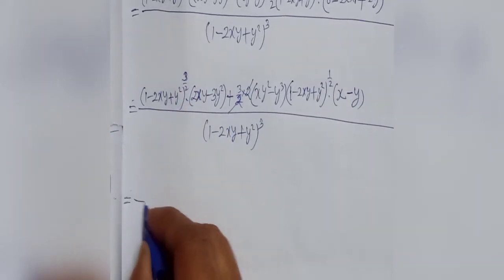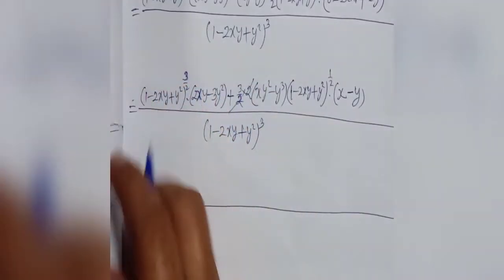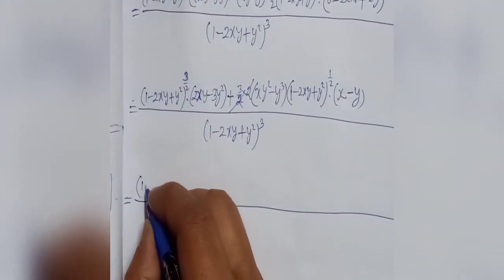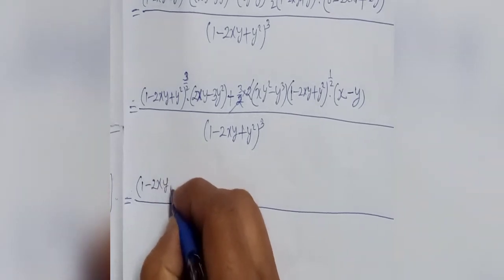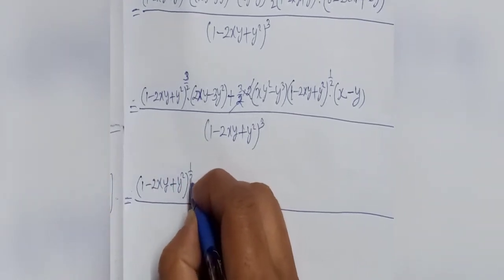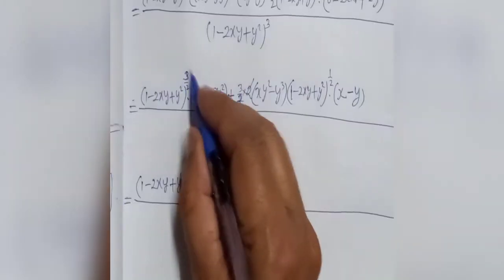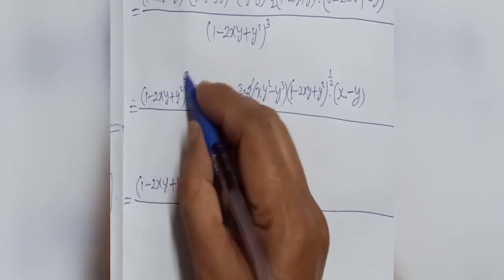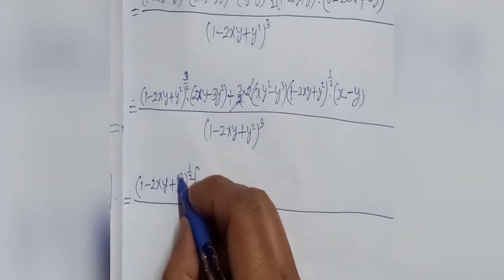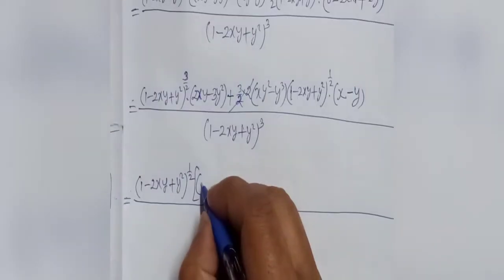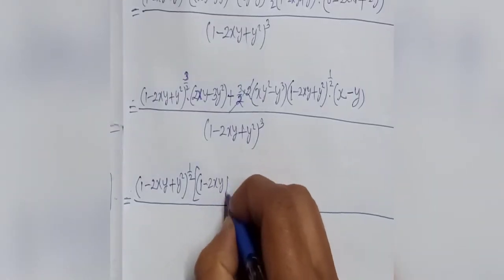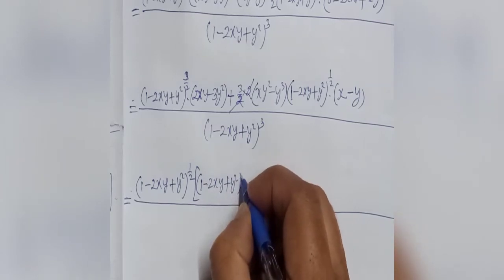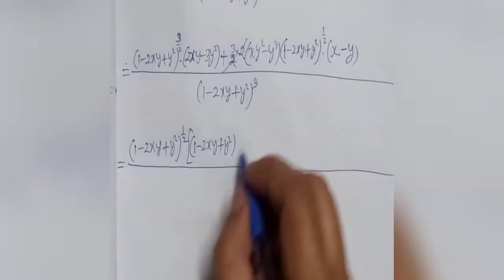I take out from the common bracket only the lesser degree, which is 1/2, because we can write 3/2 as 1 and a half. If we take out 1/2 degree here, only 1 degree will remain here. So I write (1 − 2xy + y²) to the power 1, which is not necessary to write.